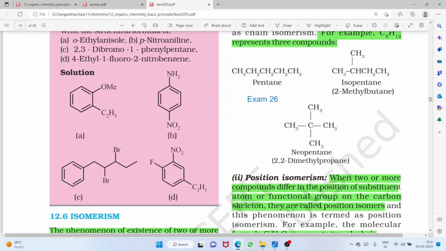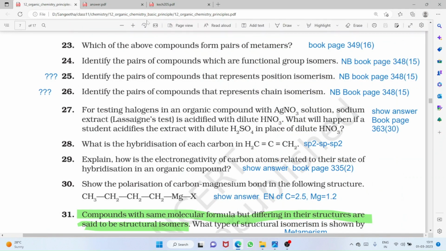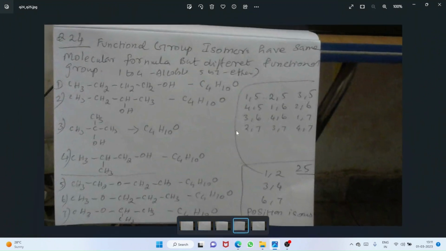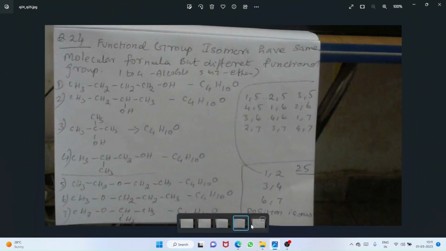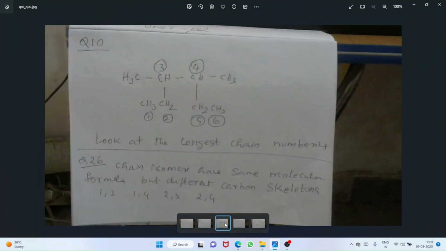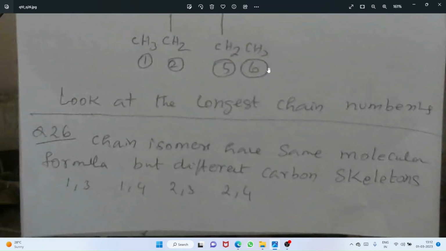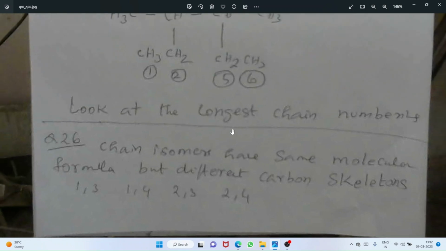See here, these are the examples. Chain isomers have the same molecular formula but different carbon skeletons: 1 3, 1 4, 2 3, 2 4.